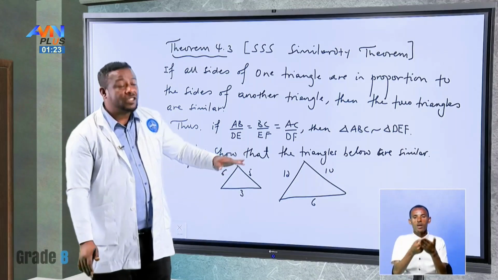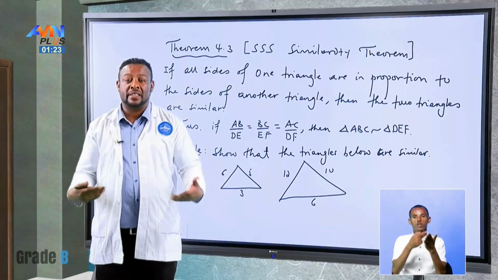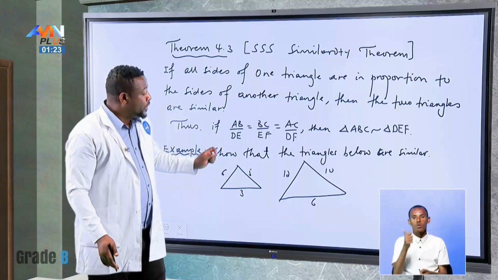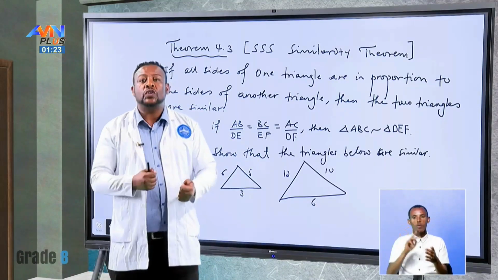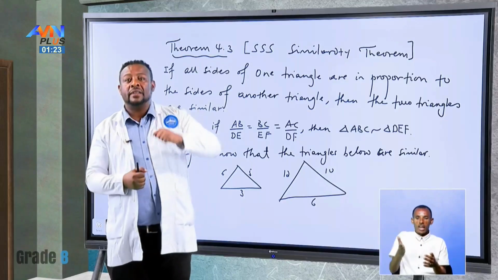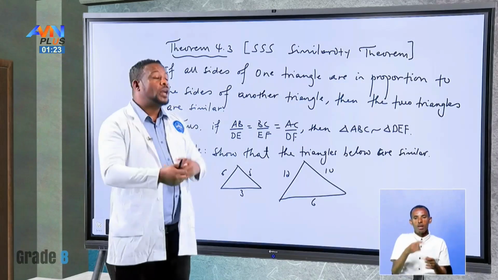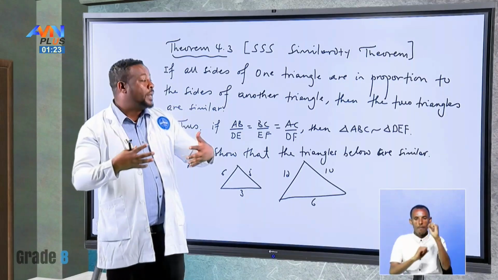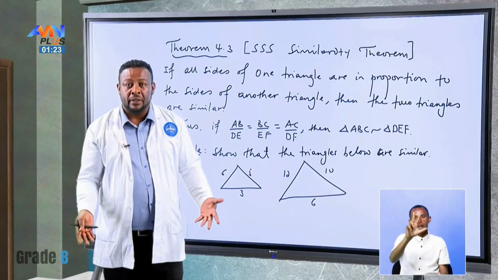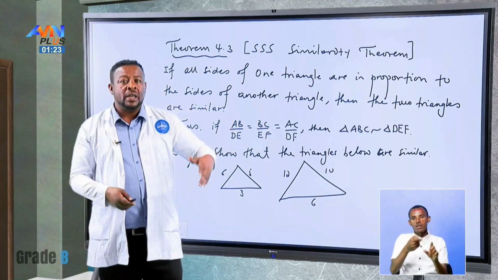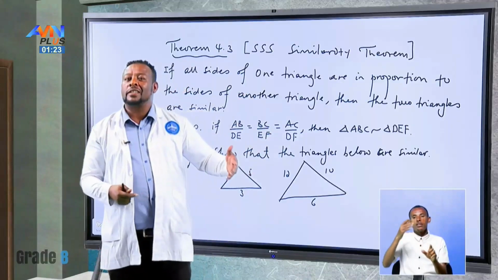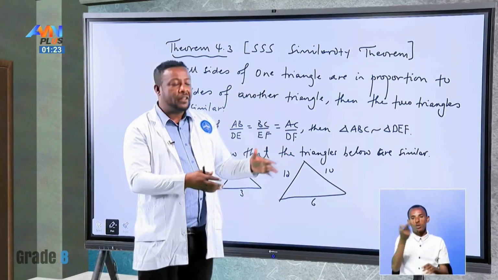Here we are asked to show that these two triangles are similar. To show the similarity, the theorem that we need to use is side similarity, right? Because we are going to compare the ratios of three sides. You cannot apply angle-angle similarity or side-angle-side similarity that we used before, right?